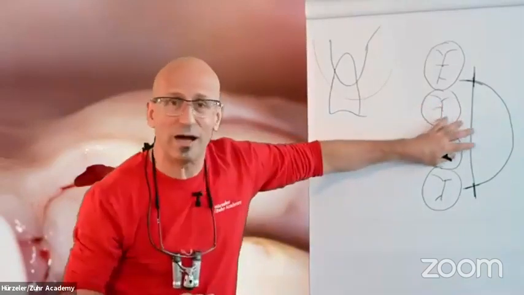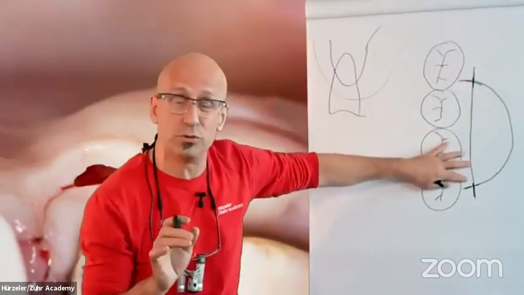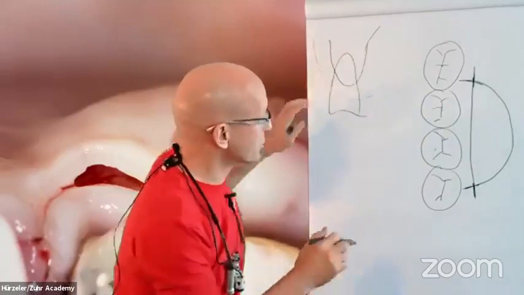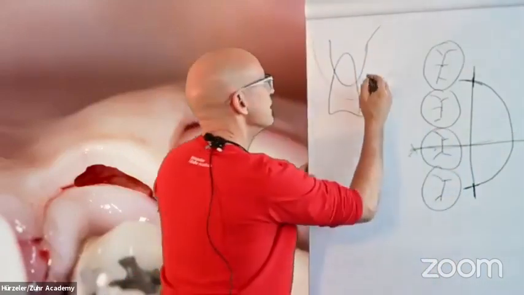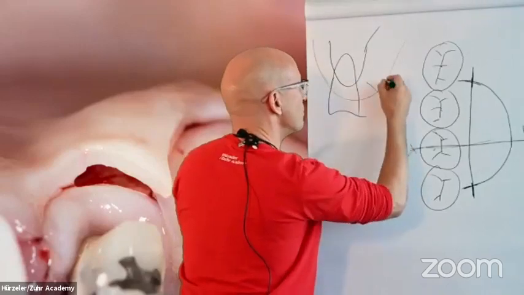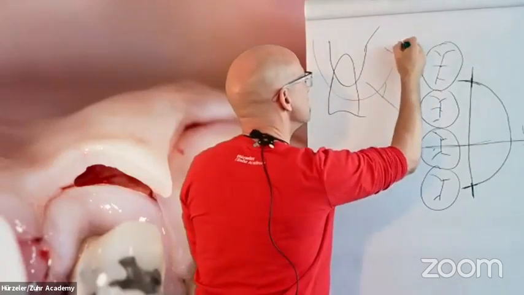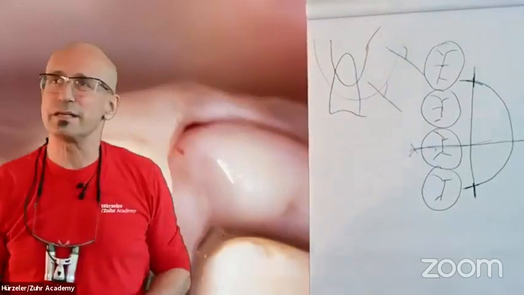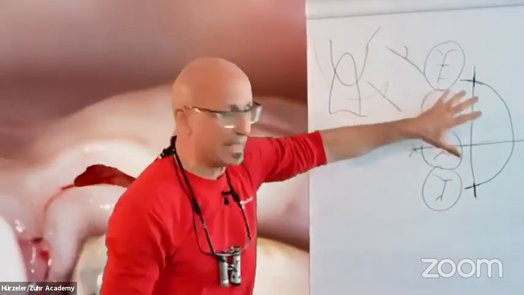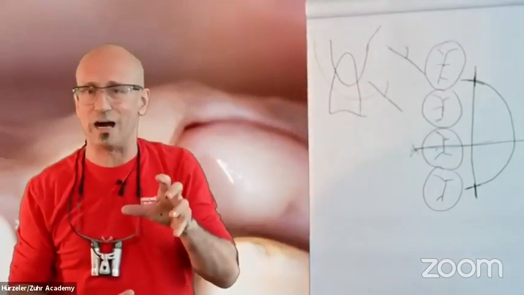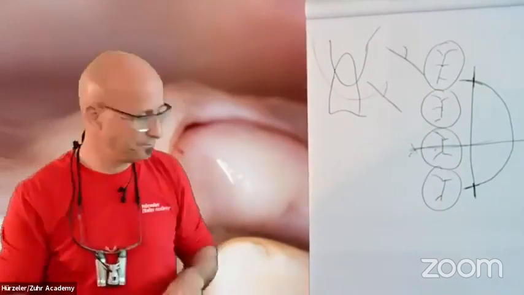When we look now at this occlusal view in a section, we see now two perpendicular incisions. These are the two perpendicular incisions on the palatal side in the area where we want to harvest the graft now.